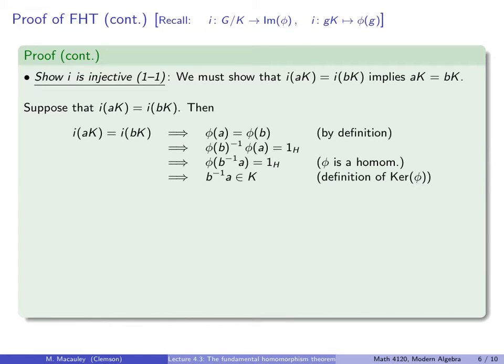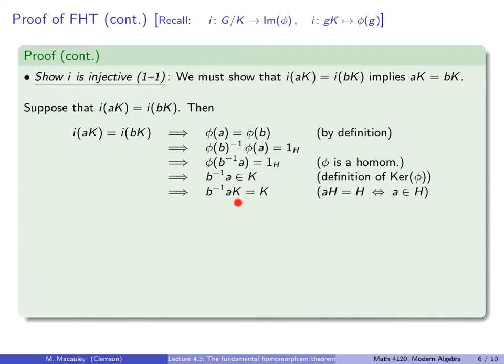So now what? Well, if B inverse A is in the subgroup K, then the left coset, B inverse AK, has to be equal to K. And that's just a general fact that for any subgroup H, if a left coset AH equals H, then the representative A has to be in the subgroup itself.